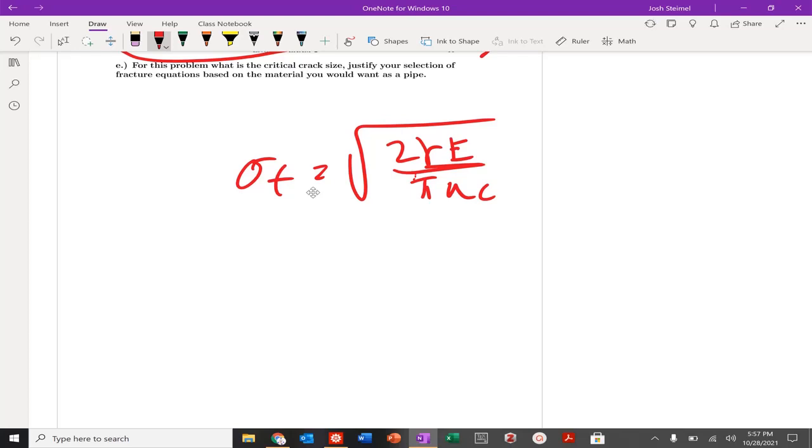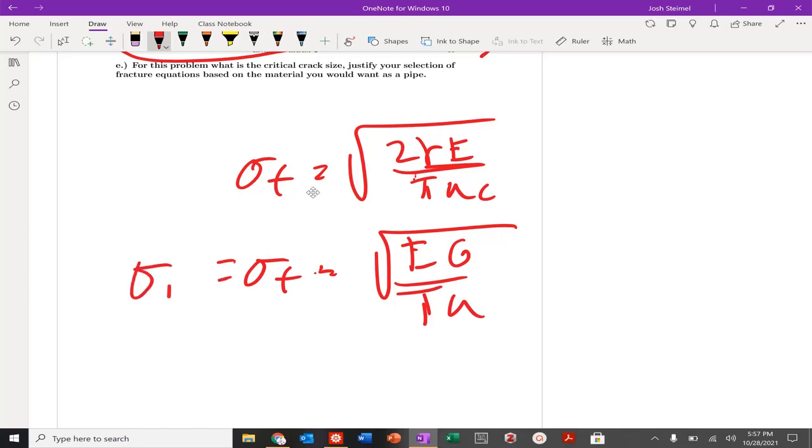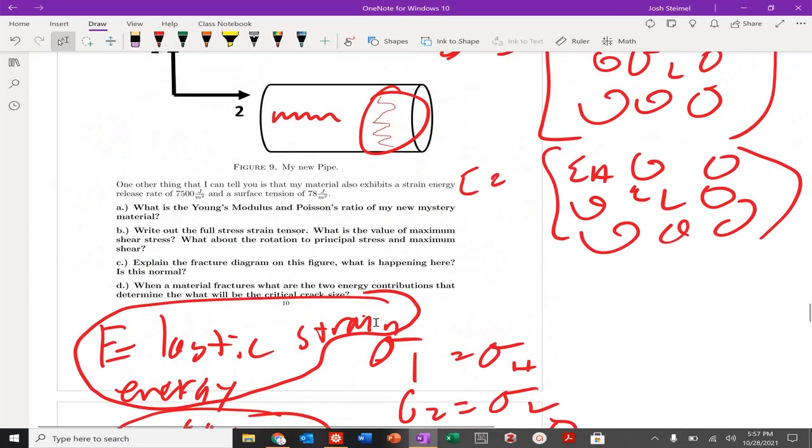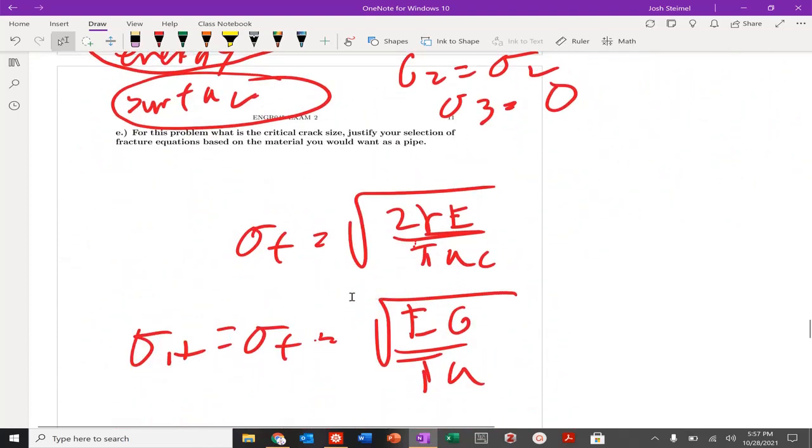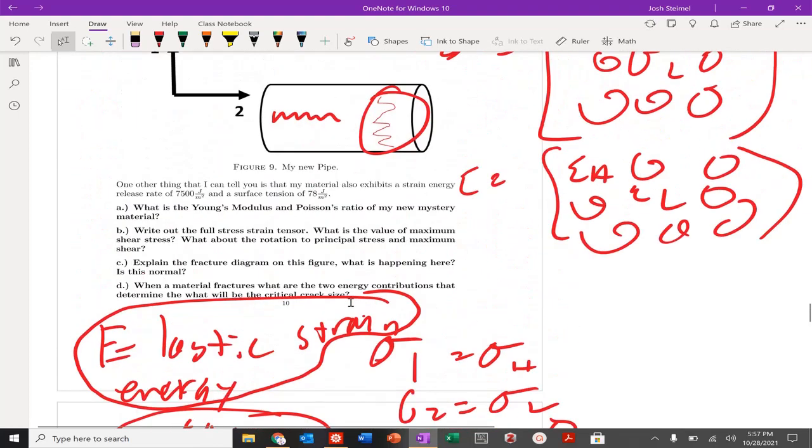I'm going to use instead Orowan's theory for ductile failure, which is sigma F equals square root of E G over pi a, where I set sigma failure equal to sigma hoop, and then I can solve for the critical crack size.